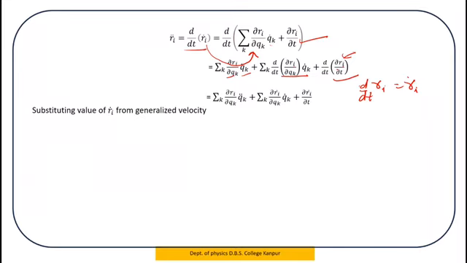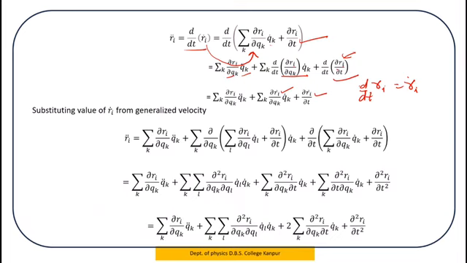Substitute the value of ri dot again. Put the value of ri dot again in this term. Since the summation has the variable k, you will put the value of ri dot and take the summation with another index other than k, just like l.